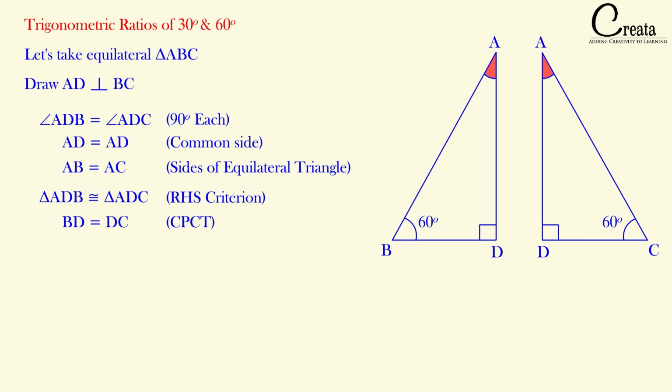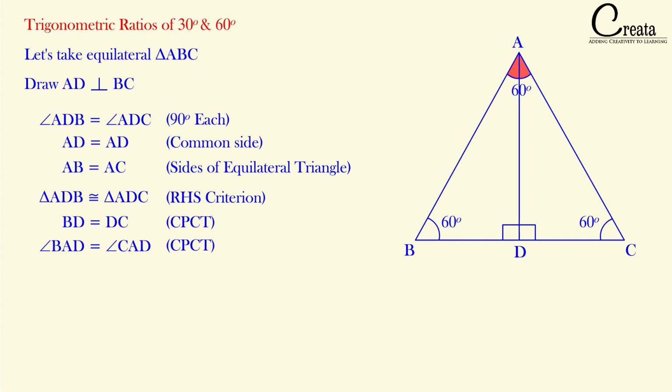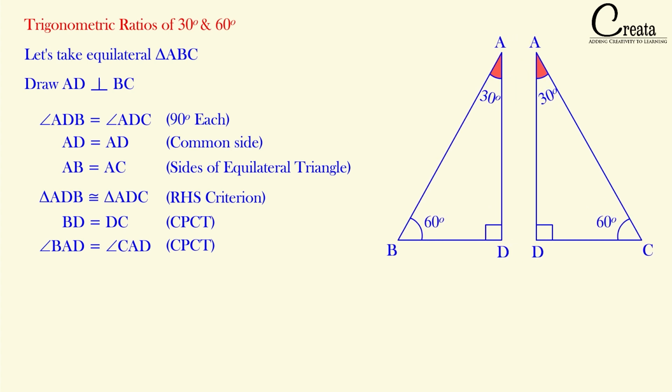Further, we can say these two angles will also be equal to each other. Both are corresponding angles. Angle BAD is equal to angle CAD by CPCT. The complete angle is 60 degree. So can we say both of these angles will be equal to 30 degree? Complete angle is 60, both angles are equal, so both angles will be equal to 30 degree each.